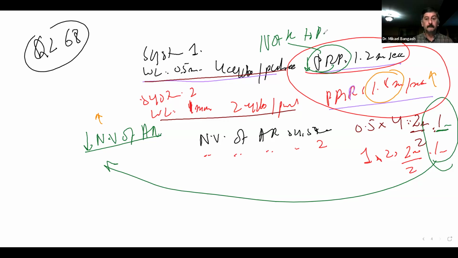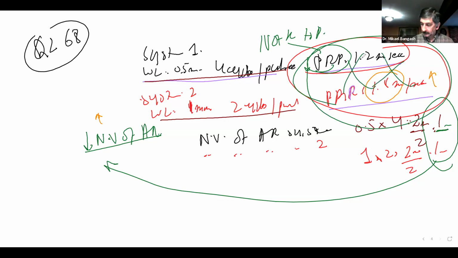Sometimes numbers may just be given there to throw you off. So here, both systems had the same axial resolution, because they end up having the same numerical values of axial resolution, which was 1 millimeter.